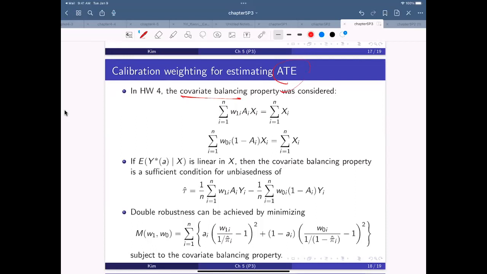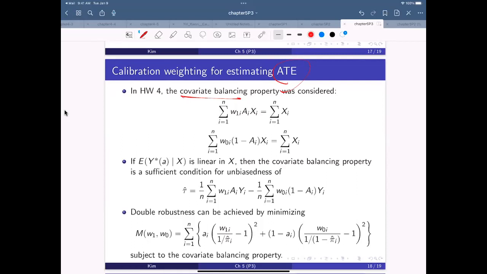There are many ways of satisfying this. One particular way is to use this as an objective function to optimize, and then it will create the doubly robust estimator, right? That is the homework problem.